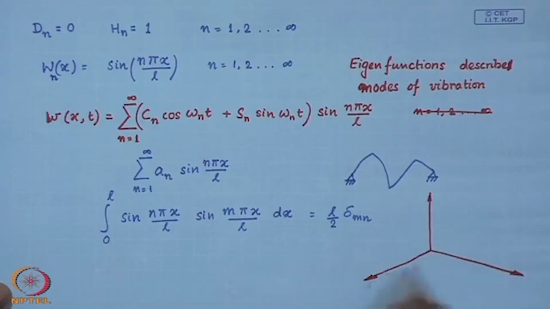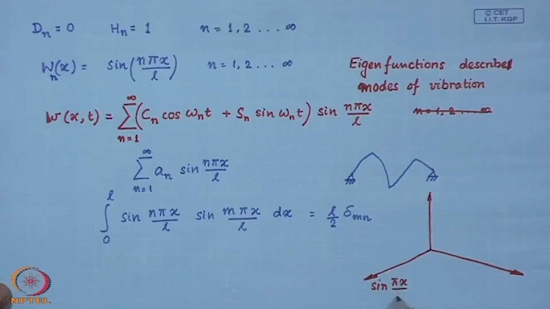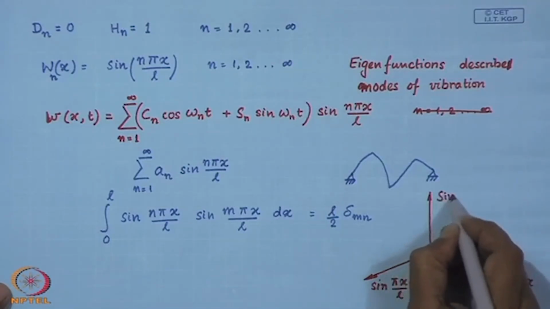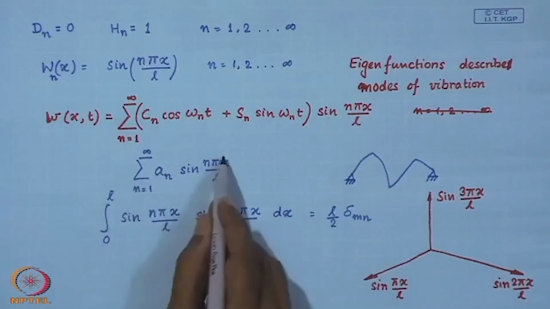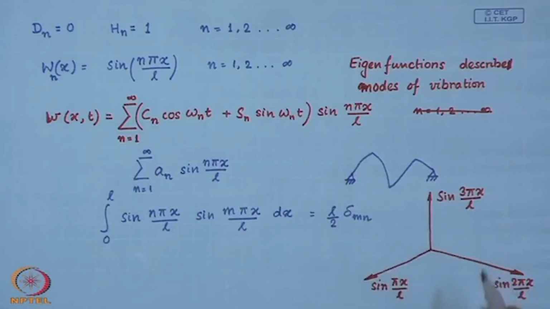Suppose I draw axes which are orthogonal to represent this orthogonality condition, and I call it sin pi x over L, call this axis as sin 2 pi x over L, etc. I cannot draw all these infinitely many axes, but I appeal to your imagination that you can consider this to be an infinite dimensional space where axes are orthogonal to represent the orthogonality of these functions, and then a solution of this form, or a representation in this form for a particular shape of the string, is actually a point in this infinite dimensional space.